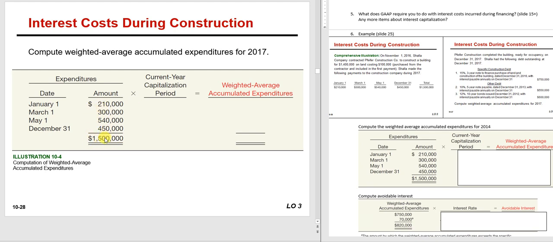I simply, remember, I'm computing my weighted average accumulated expenditures. I don't separate out the land cost, but when I compute my interest, it all goes to the building because I cannot construct land. There are times when you may say you construct land if you improve the land, etc., but you would have to actually, in essence, build the land to have it added to the cost of the land.